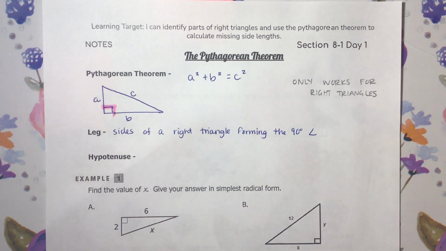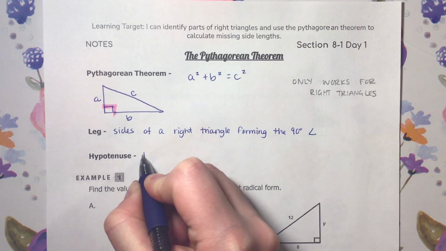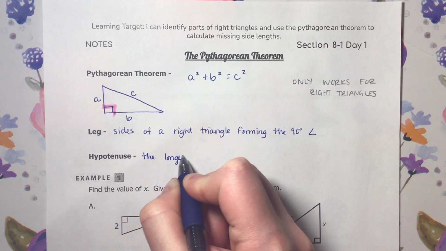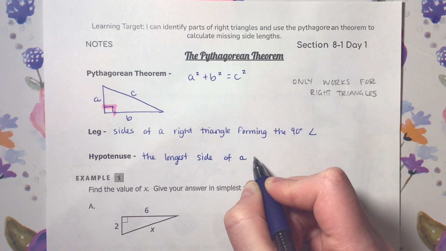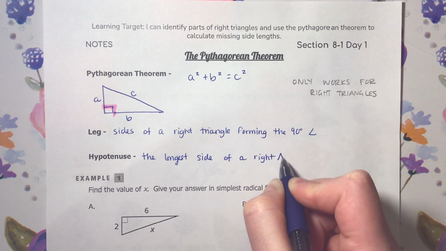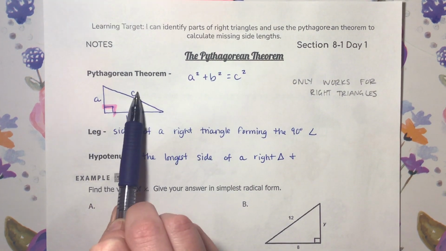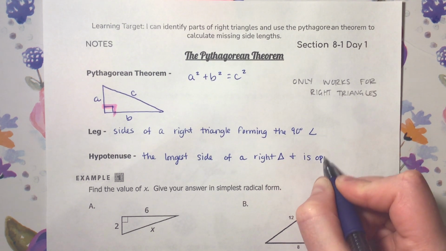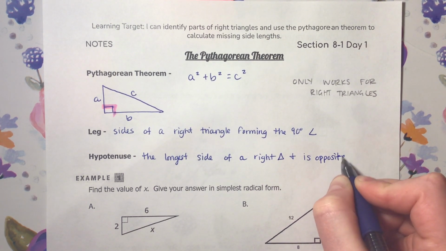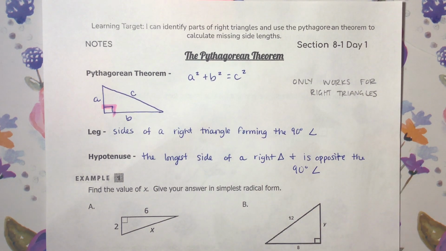So A and B are the legs in that right triangle, while the hypotenuse is the longest side of a right triangle. And notice here is my 90-degree angle. It's going to be opposite of the 90-degree angle, and is opposite the 90-degree angle.